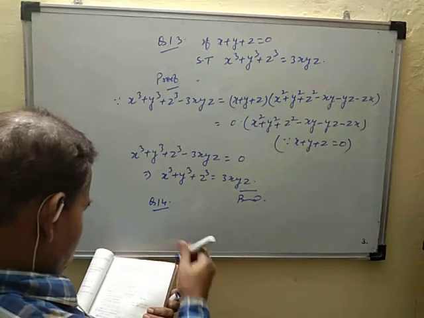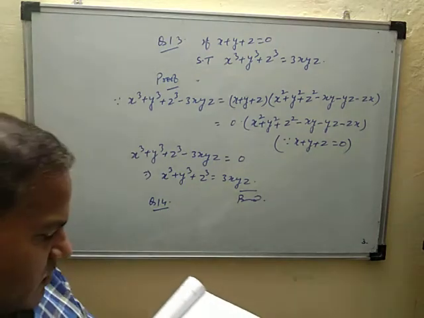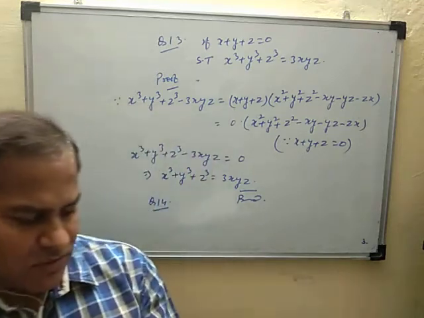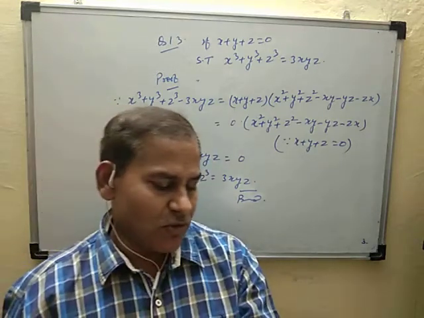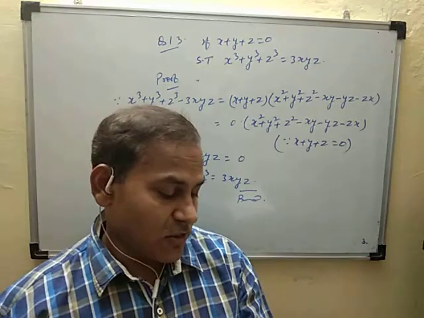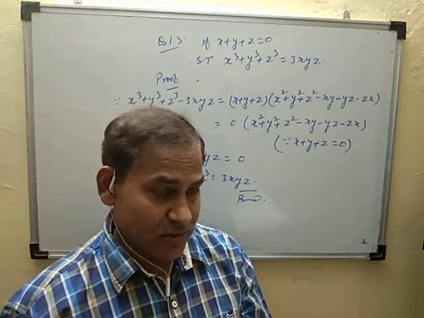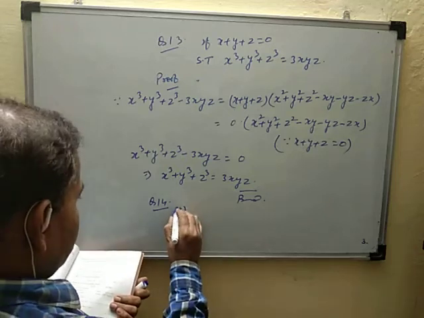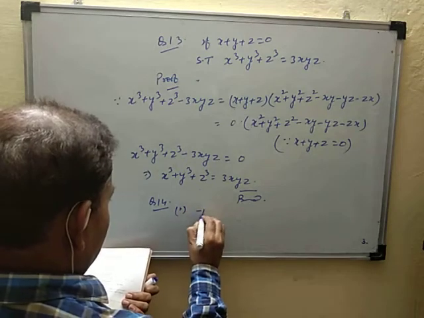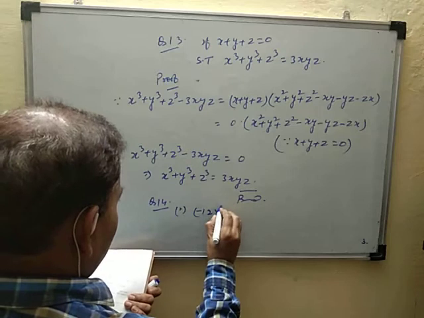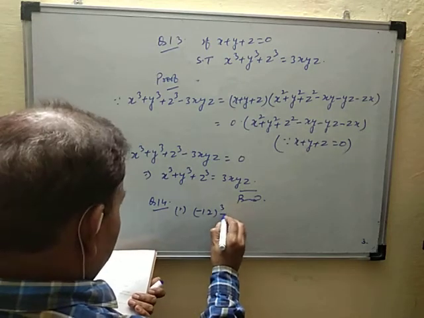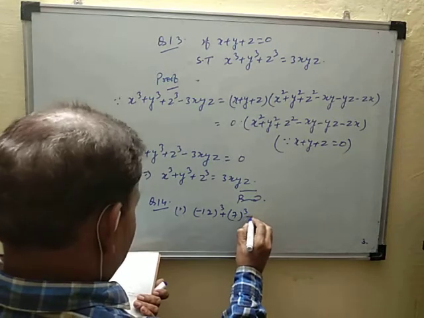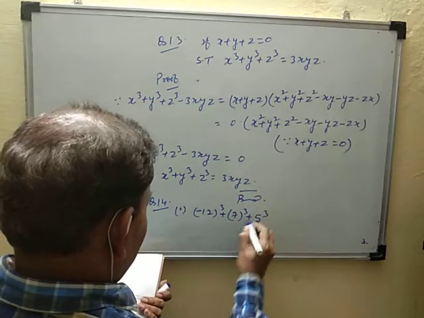Question number 14 is: without actually calculating the cubes, find the value of each of the following. Without actually calculating. The first part is minus 12 cube plus 7 cube plus 5 cube.